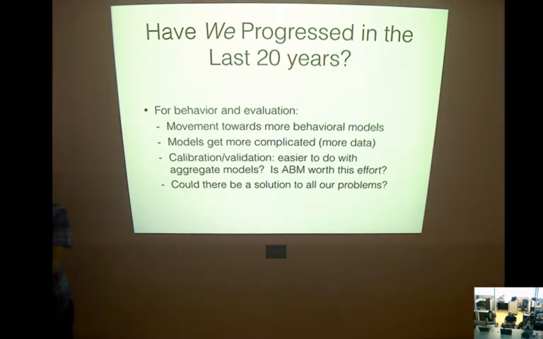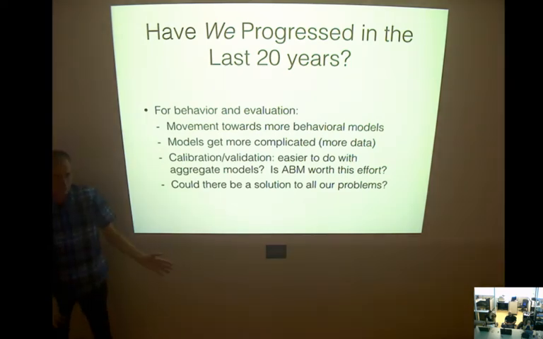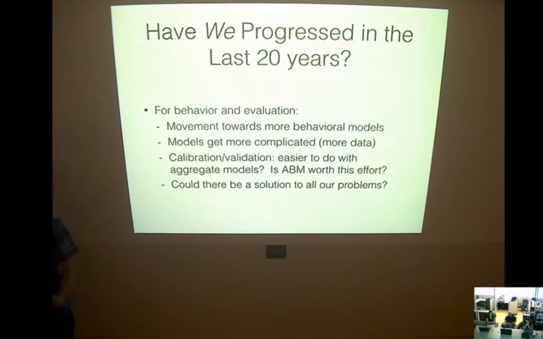Think about it: 20 years ago, these models, like Sugarscape models, had no real data in them, right? Now we are incorporating data such as distance to shop. We're incorporating synthetic populations when it comes to creating the agent-based models, based on census information. We're now adding social networks.